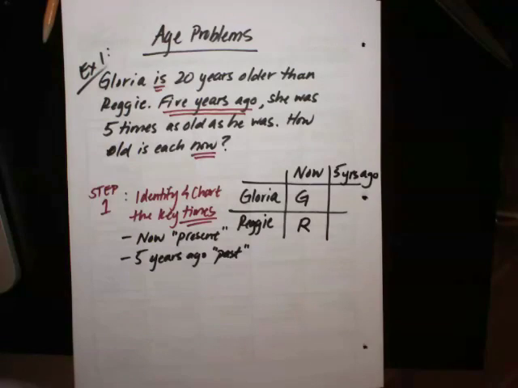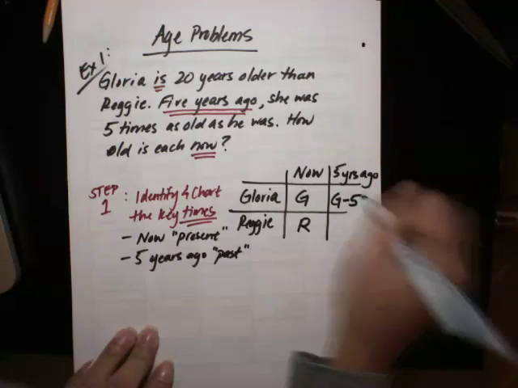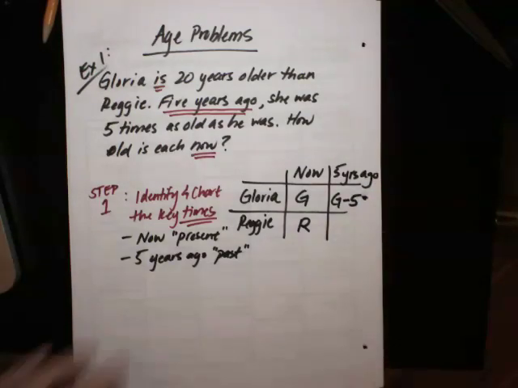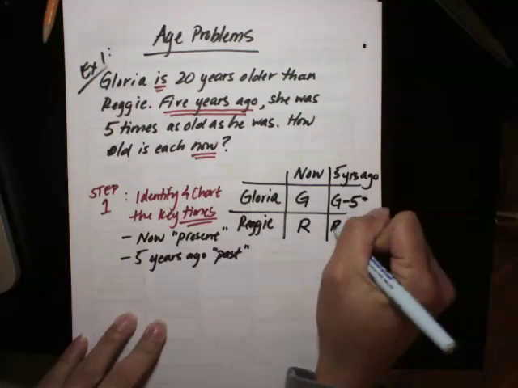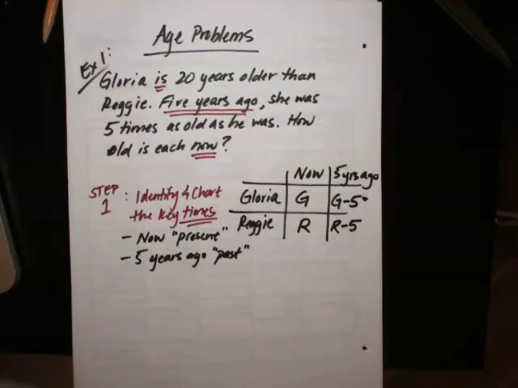I think in your mind you're just subtracting 5 from your age. We're going to do the same for Gloria. We don't know how old she was 5 years ago, but however old she is now, we're going to be taking away 5 years. Same for Reggie. We don't know how old he is now, but 5 years ago he was 5 years younger.